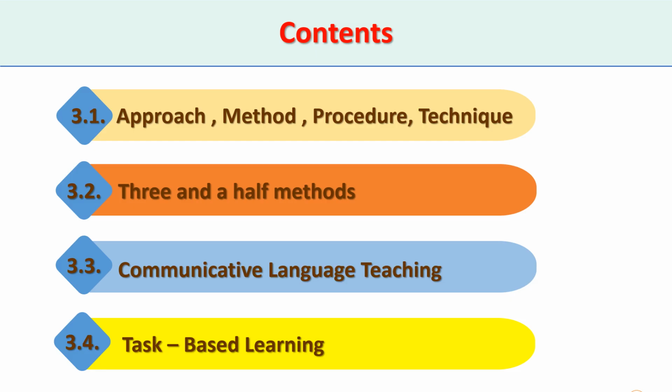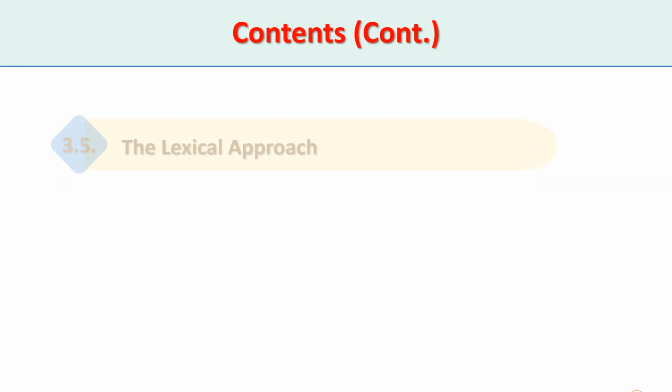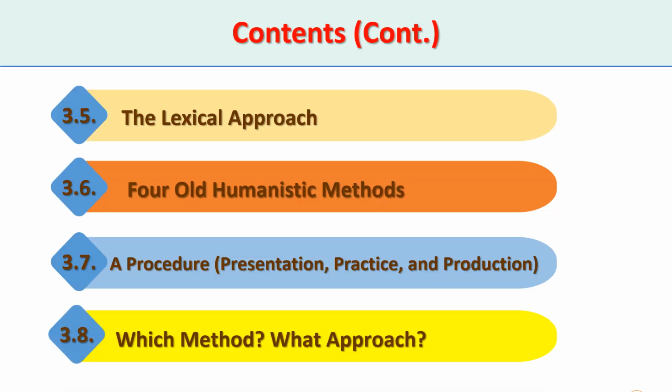So we have 10 contents. First, talking about approach, methodologies, procedure, and technique. Second, talking about the 3.5 method. Third, communicative language teaching. Fourth, task-based learning. Let's move, teacher. Fifth, the lexical approach.